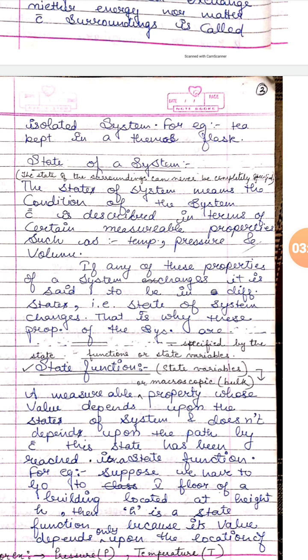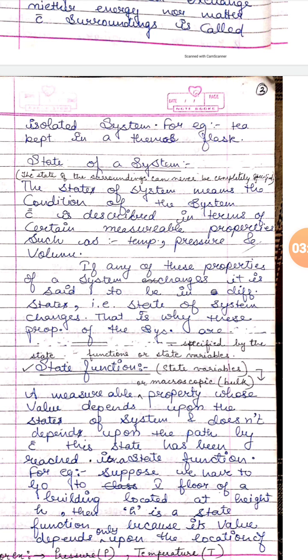Now, state of a system. The state of the surroundings can never be completely specified. So, the state of a system means the condition of the system which is described in terms of certain measurable properties such as temperature, pressure, and volume.